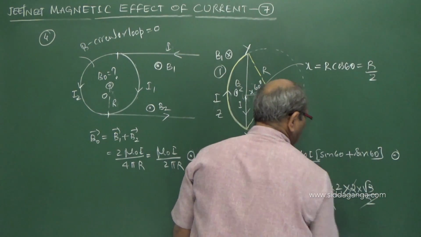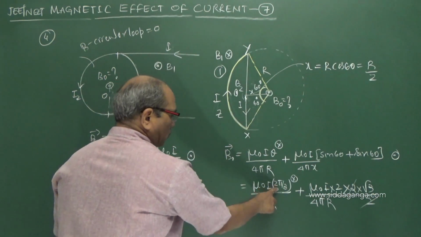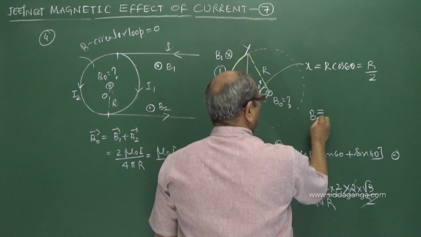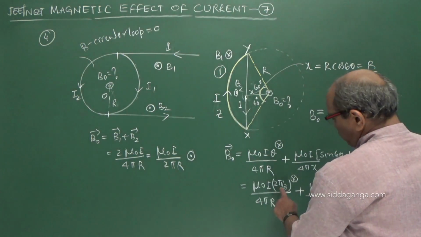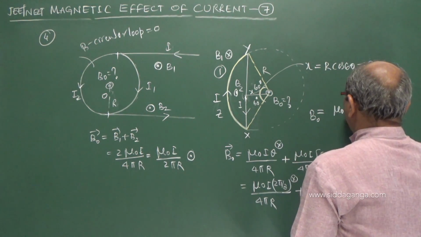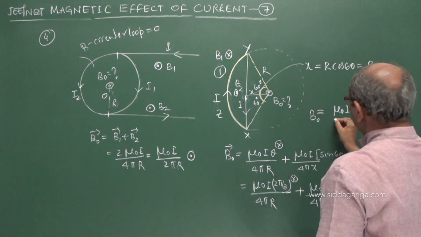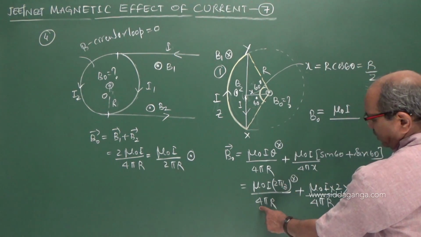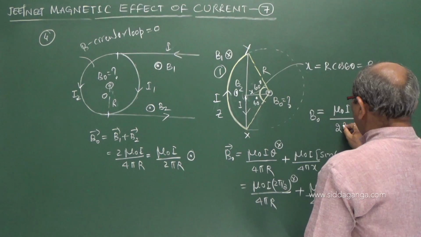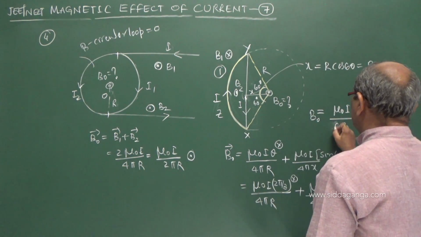2 cancels here, and here also 1 2 cancels. The final answer I can write for this as mu naught I, pi cancelled, divided by 2, cancelled, pi cancelled, 2r, that is 2 into 3 is 6r.